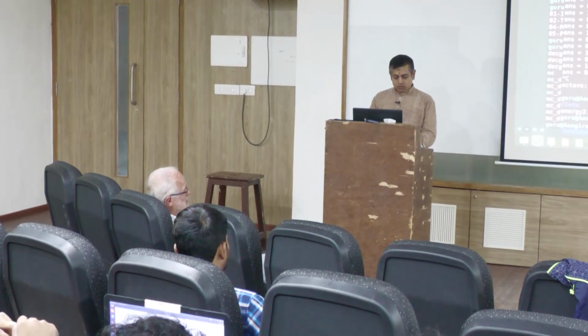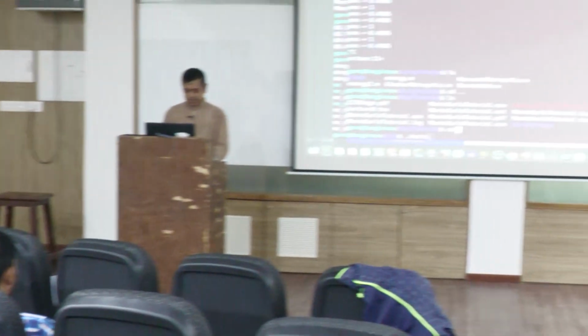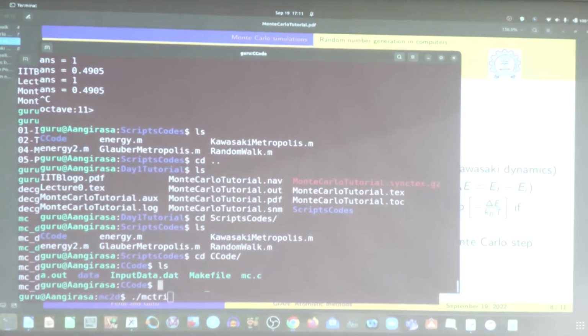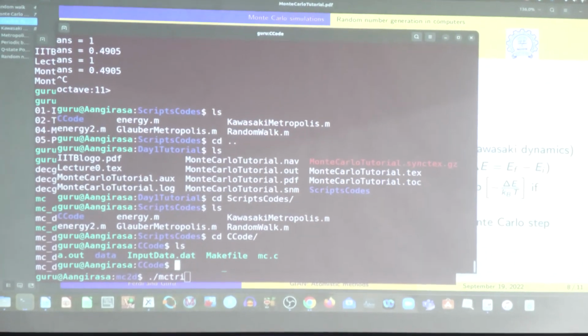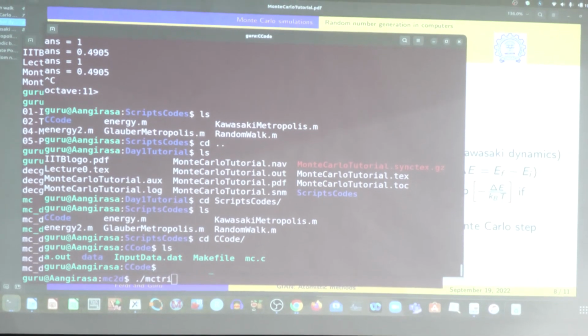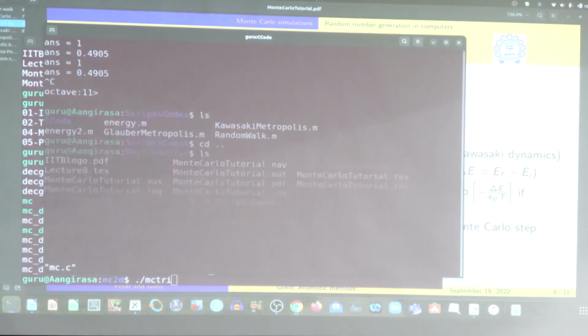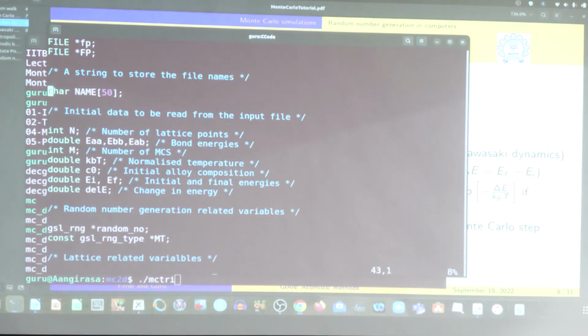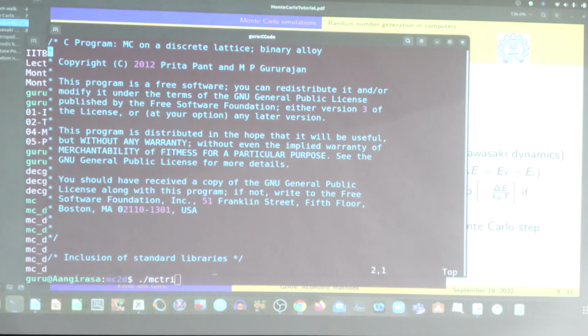Okay. So, now in order of increasing difficulty, I also have given a C code. And if you have GCC, there is also a makefile. The C code is called mc.c, and it does the same thing except for the random number generator, which is the point that I wanted to tell you about.